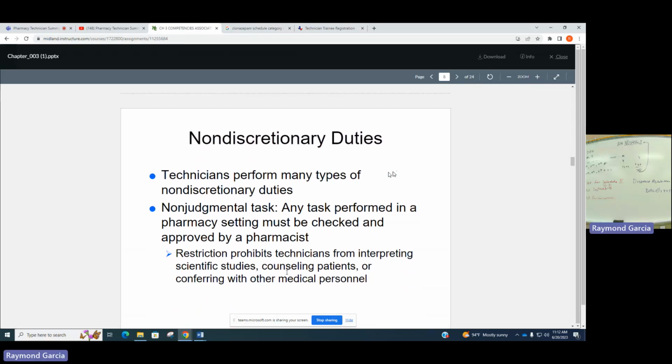However, because prior knowledge of pharmacy terms, drugs, and procedures is required, as job classification in pharmacy expands, so will the level of pharmacological knowledge required for pharmacy technicians. Historically, the pharmacist was responsible for the final approval of any tasks completed in a pharmacy setting.